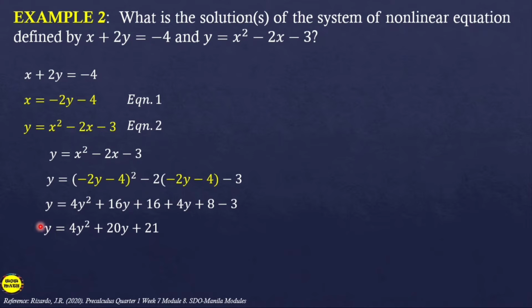Since meron tayong y dito, ilipat natin dito, then kailangan 0 ang nasa kabilang side. So, magiging 4y squared. Kapag nilipat kasi natin si y, magiging 20y minus y, so this should be positive 19y, no? And then, plus 21 is equal to 0.